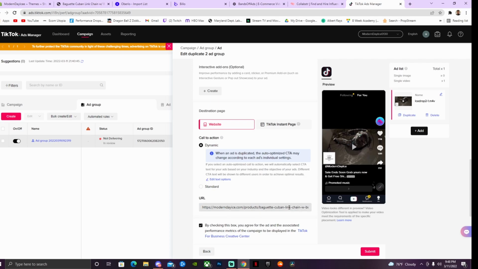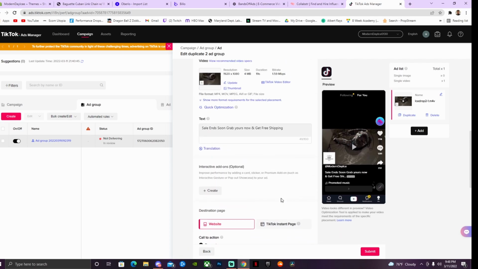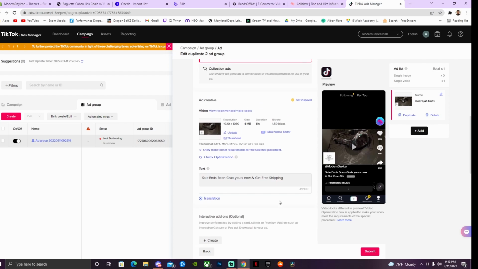Okay, cool. So when it comes to the ad group or the duplicate level ad set, this is where you would run your second and your third video ad. For instance, I wouldn't use this video ad for the second and third ad level. I would use another ad that I got from either Bilo, Benzo ad, Collab Store, from influencers, or an ad that I created myself.